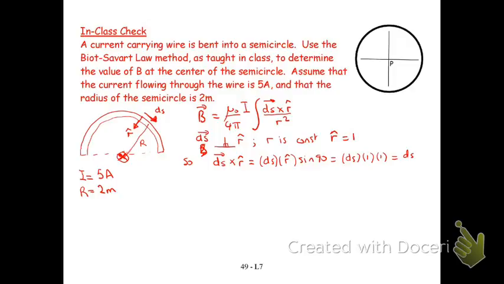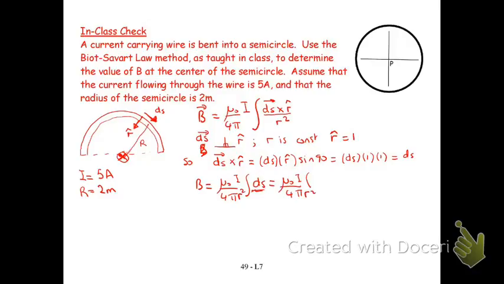So then I say, well, okay, in that case B is equal to mu naught I over 4 pi times the integral of ds, over r squared. You forgot r squared. Oh, over r squared, yeah. Let's not tell anybody about that.